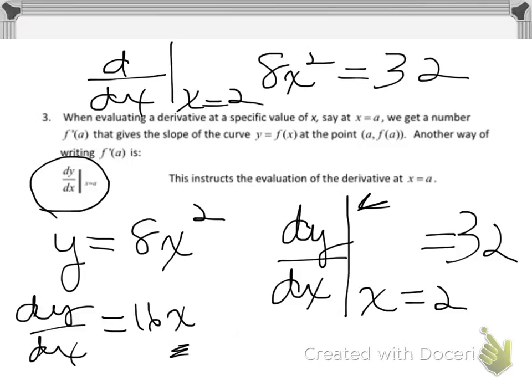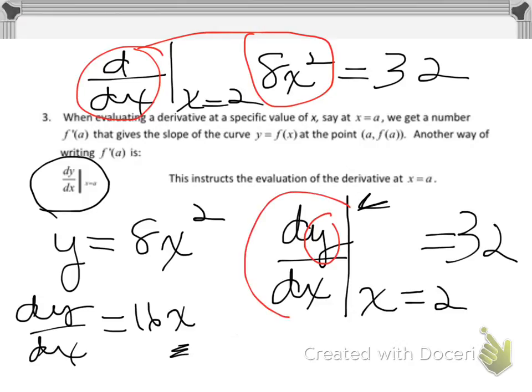Notice that I went from having dy dx notation to d dx notation, and because I switched to d dx notation, it was followed by the function. When I used dy dx notation, it's followed by the equal sign, and then that equals the derivative. So just be aware of what the notation means and use it correctly.